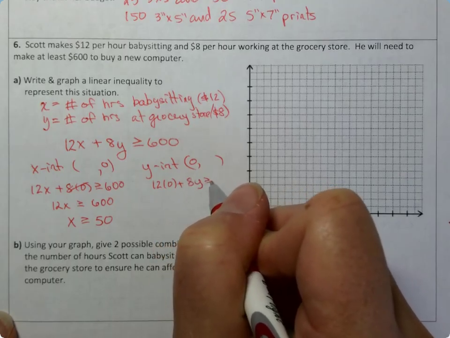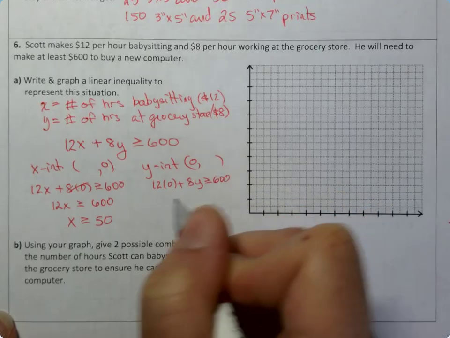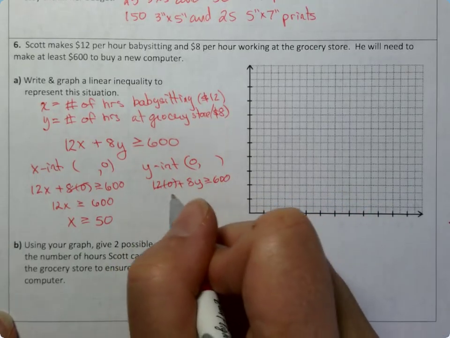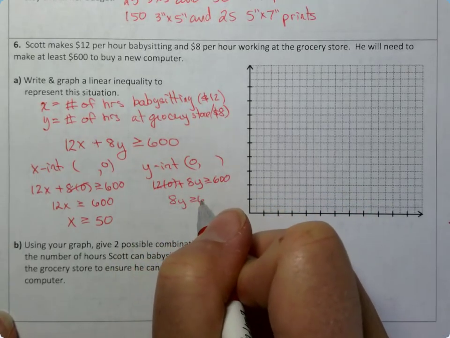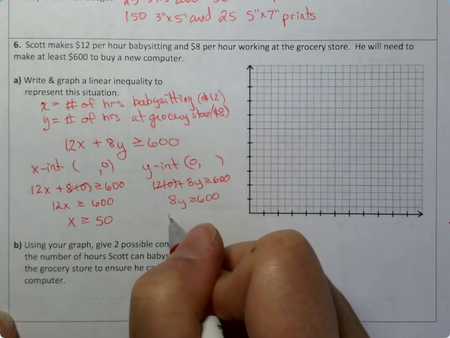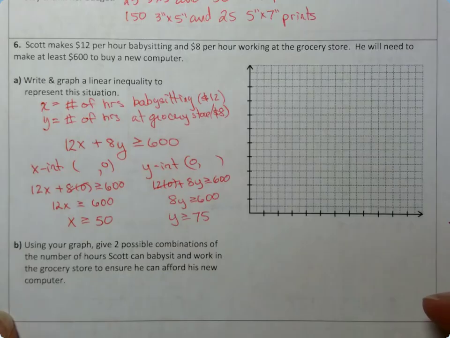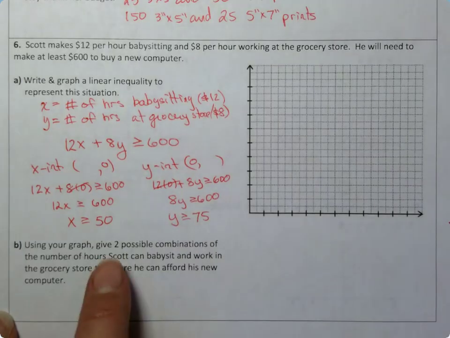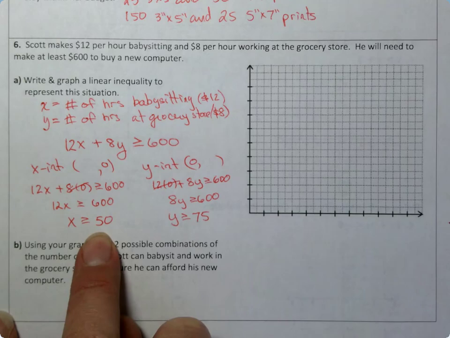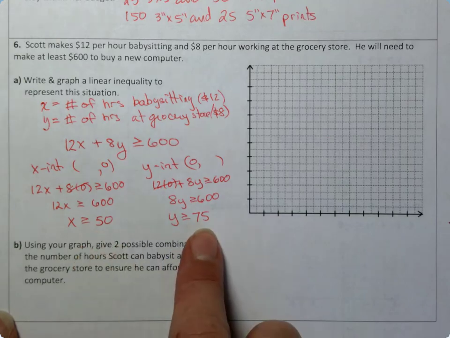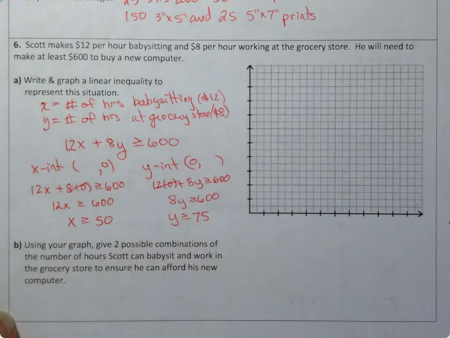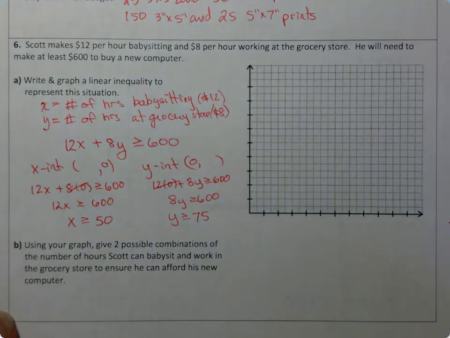He's working 0 hours babysitting, so it's all grocery store. And you should get y is greater than or equal to 75. So if he works 50 or more hours babysitting, he doesn't have to work at the grocery store. He works 75 hours or more at the grocery store. He doesn't have to work babysitting. Or any combination of them.